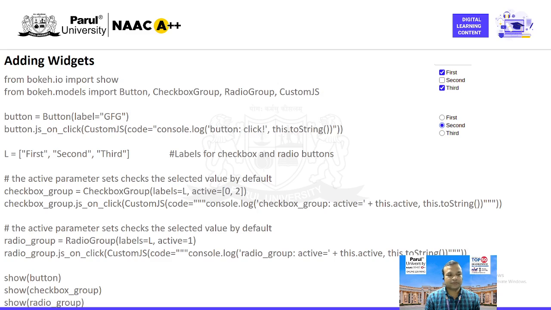After execution of this code, you will get this type of output. You can see there are two groups: the first one is the checkbox group and the second one is the radio group. You can see first, second, third and first, second, third. This is the checkbox group, this is the radio group.